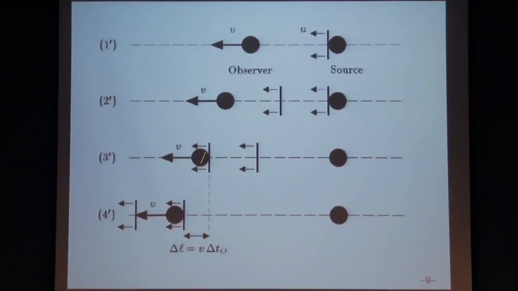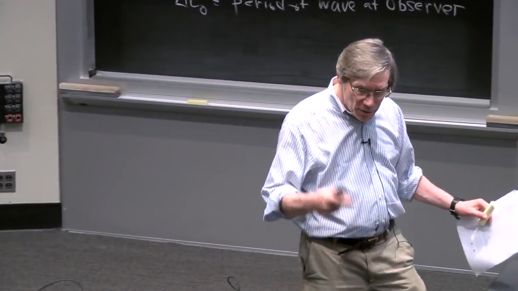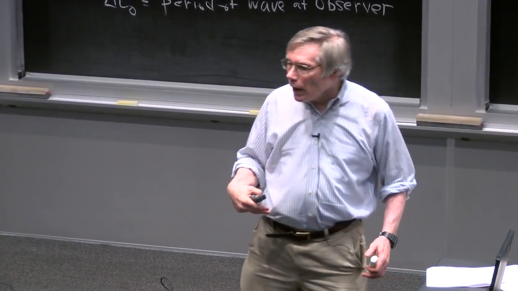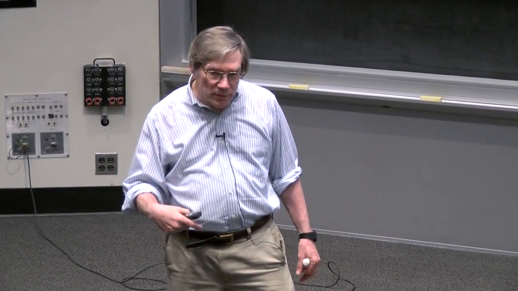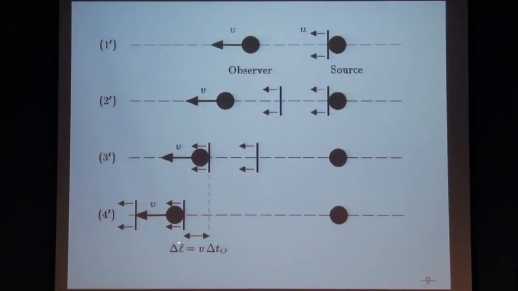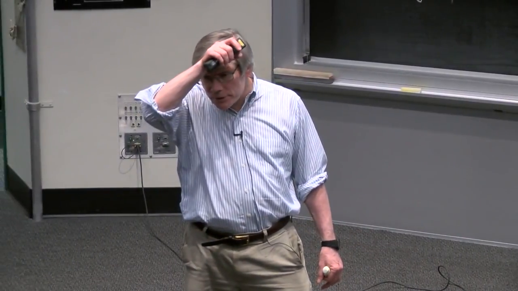And the time between these images is just the time that the observer experiences between the receipt of the two waves. And it's therefore what we've been calling delta t sub O, the time interval as measured by the observer. So the distance traveled is just v times delta t sub O. And it's that last frame inside that box where all the action happens for determining the answer for this problem.